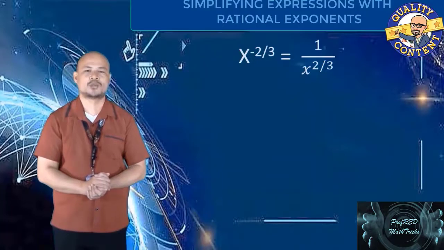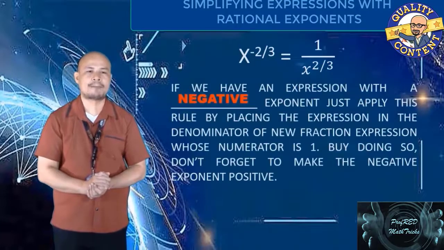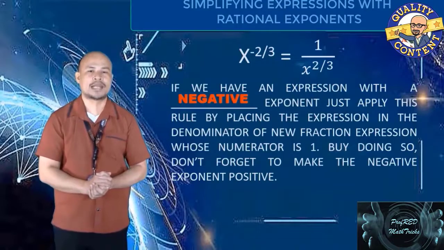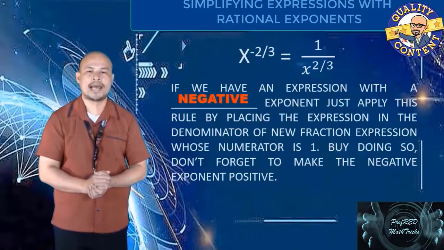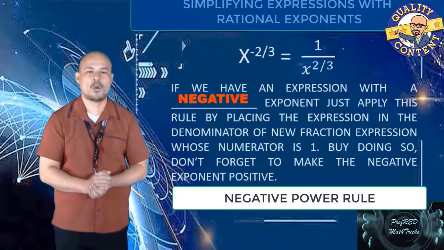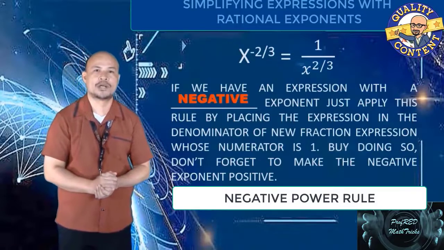If you have an expression with a negative exponent, just apply this rule by placing the expression in the denominator of the new fraction expression whose numerator is 1. By doing so, don't forget to make the negative exponent positive. This is called the negative power rule.